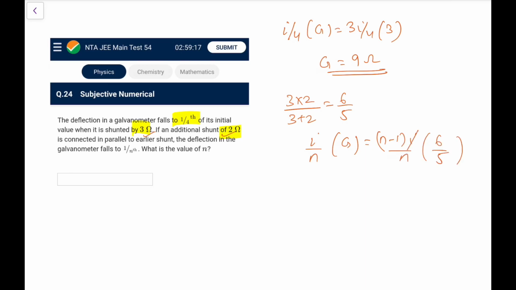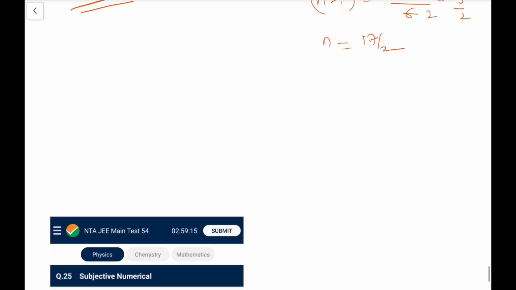So the I by n gets cancelled. n minus 1 would be G is 9 into 5 by 6. This is 3, this is 2, this is 15 by 2. So n would be 15 by 2 plus 1, this is 17 by 2. So what is the value of n? The value of n is 17 by 2, that is 8.5. So it's a good one.